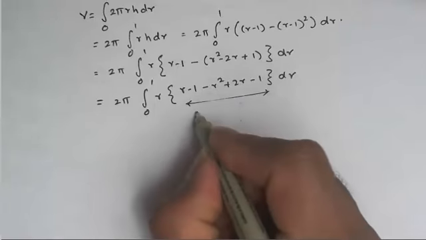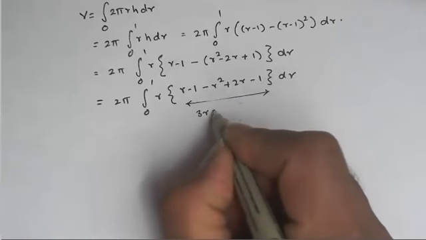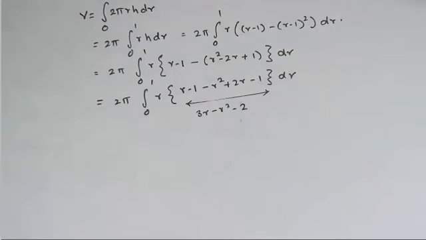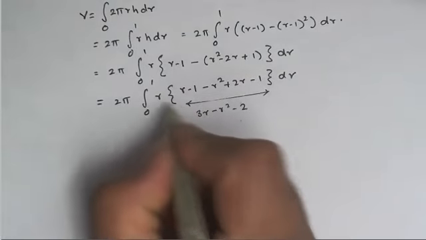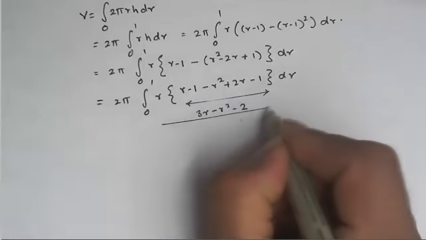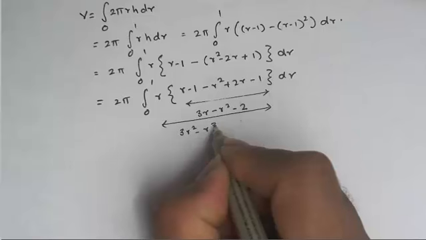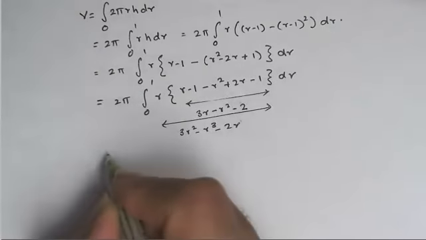So r and 2r is 3r, minus r squared, minus 2. And if I multiply r with this, I get 3r squared minus r cubed minus 2r.